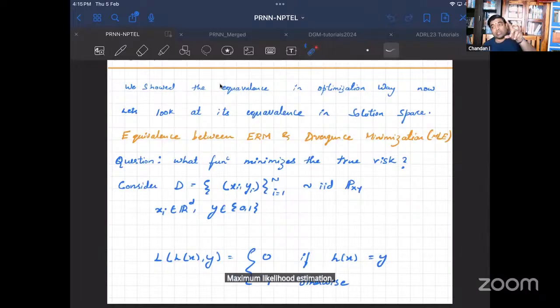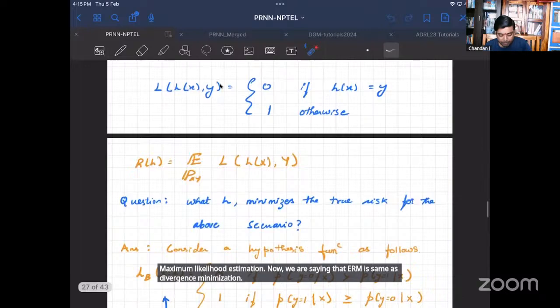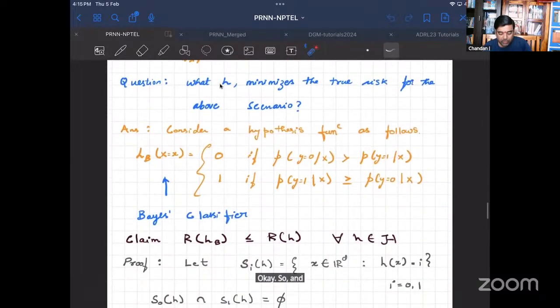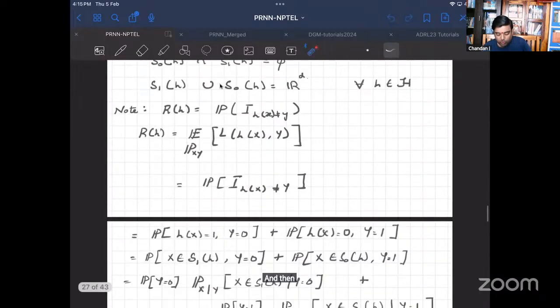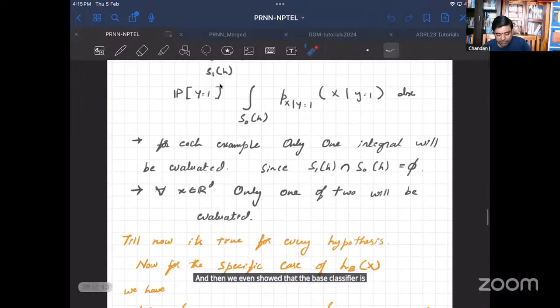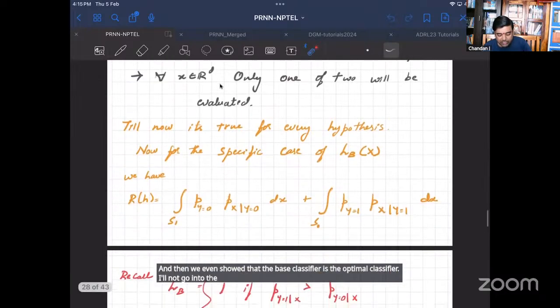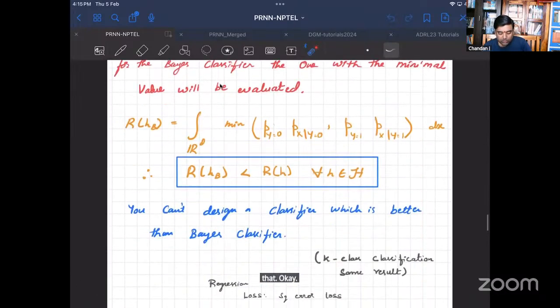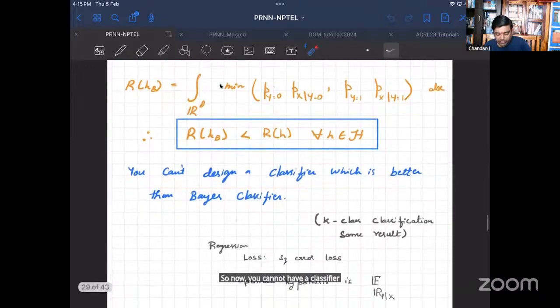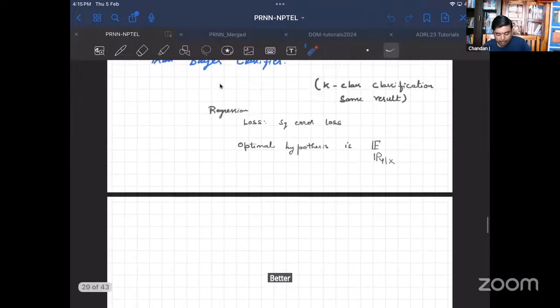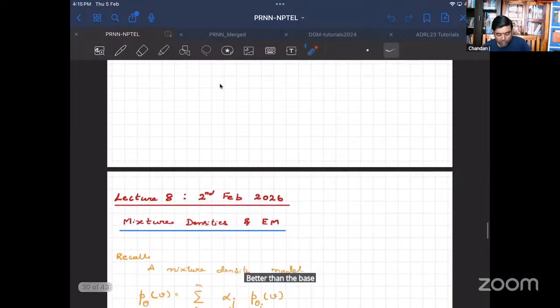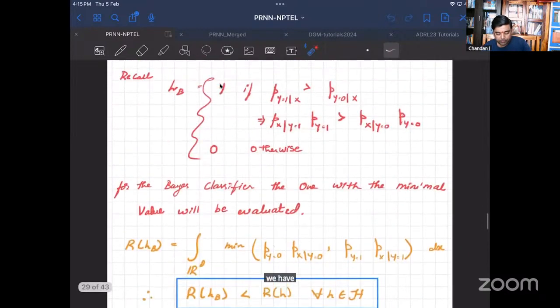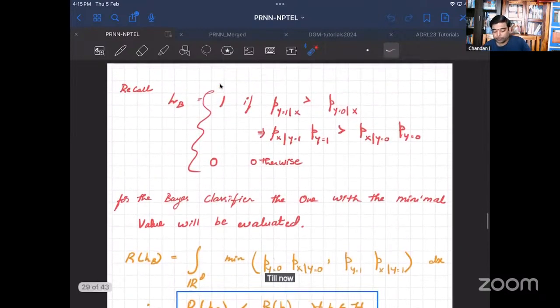Now we are saying that ERM is the same as divergence minimization. Then we obtained the Bayes classifier, and we even showed that the Bayes classifier is the optimal classifier. I will not go into the details of that. You cannot have a classifier which is better than the Bayes classifier. This is what we have looked at till now.